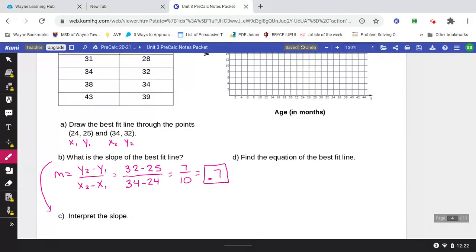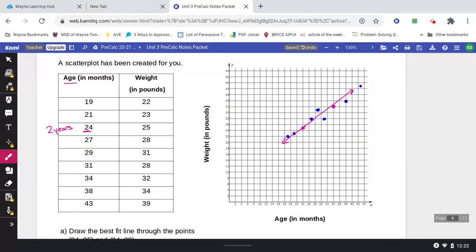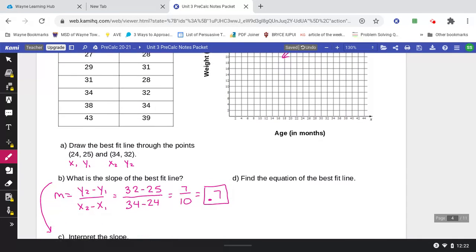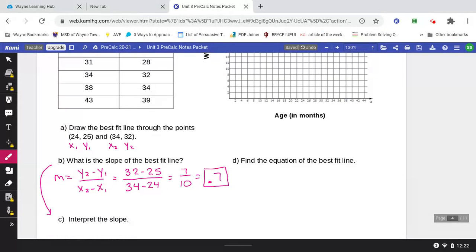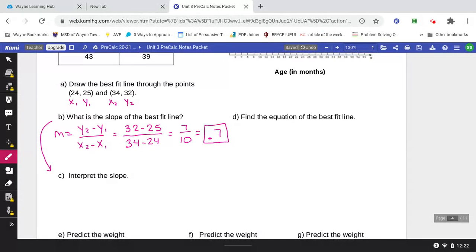So here's how we're going to write that. We're going to talk about the months first. So for each month that passes by, the weight goes up by our slope, 0.7. So for each month, each 1 month that passes by, the child's weight increases by 0.7 pounds.